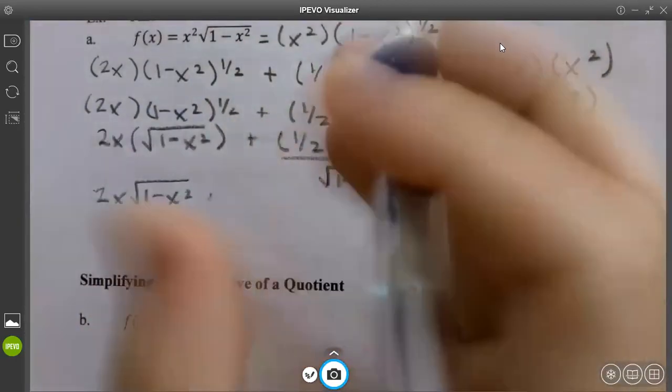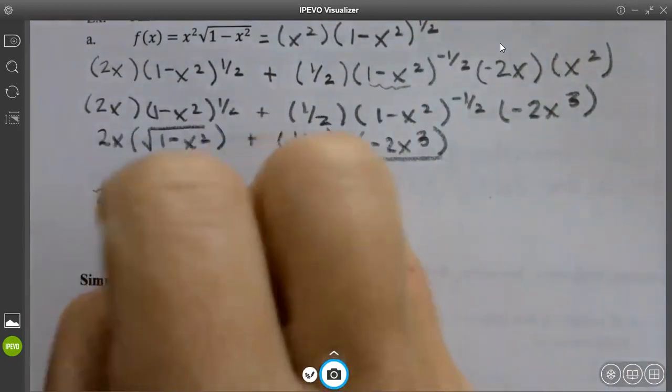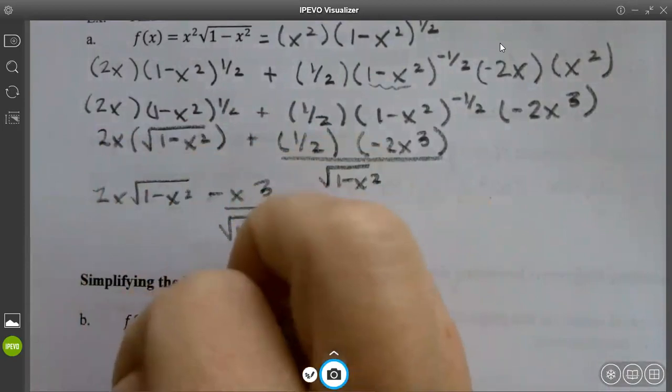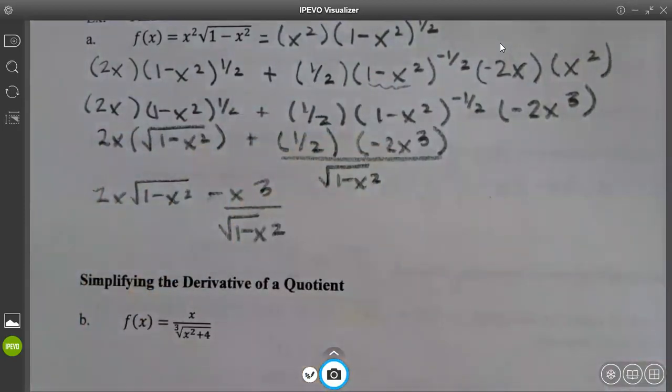Change this to minus x to the third. What do I need to do now? Common denominator.